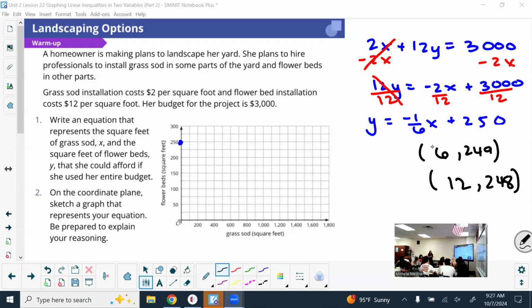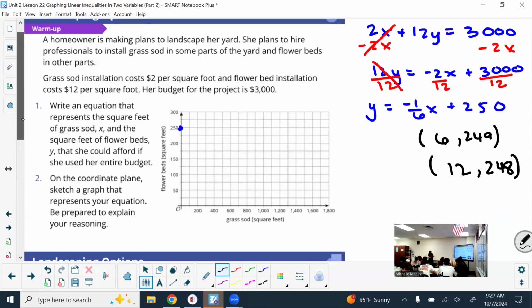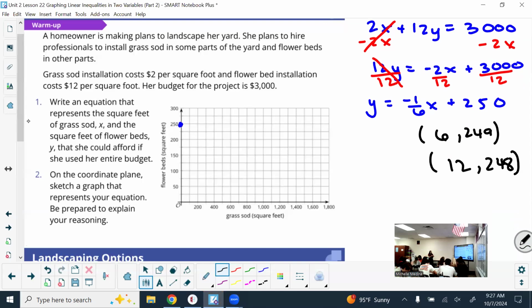Here are just 2 examples of some that are on the graph. It's hard to graph them when they're so close, but I'm telling you these 2 points are on the line. In the next one, we are going to write these down next to it, saying that these will be on the graph.